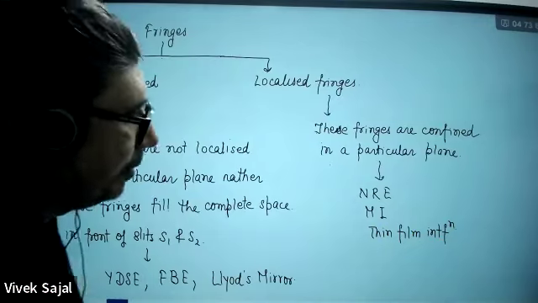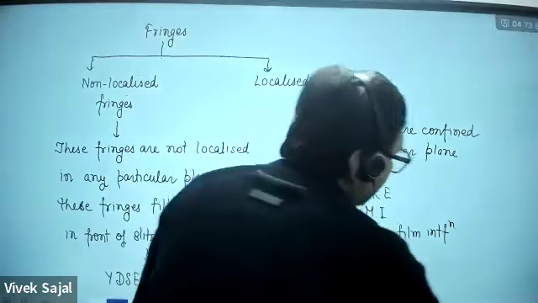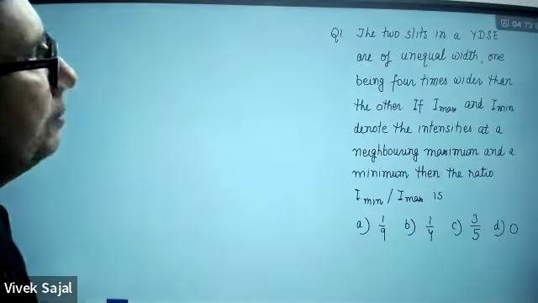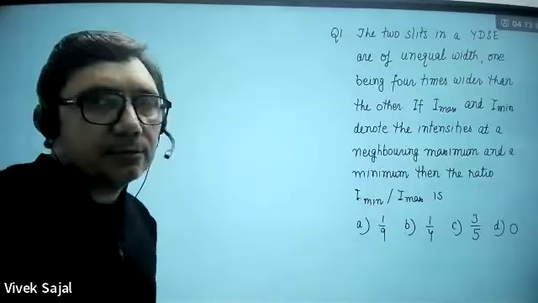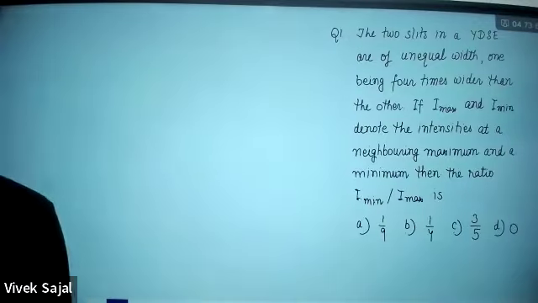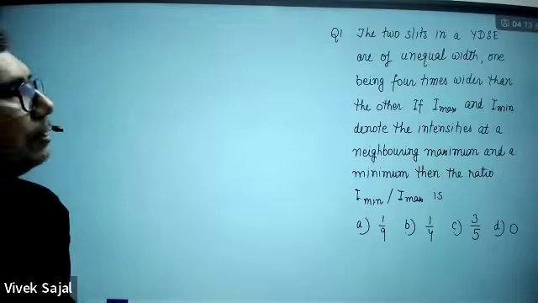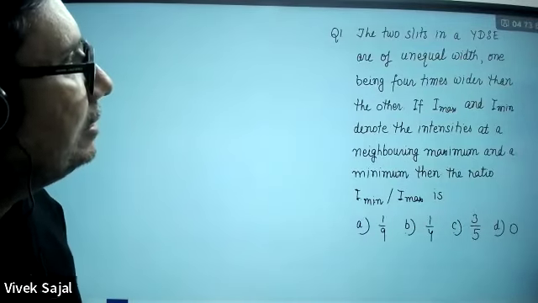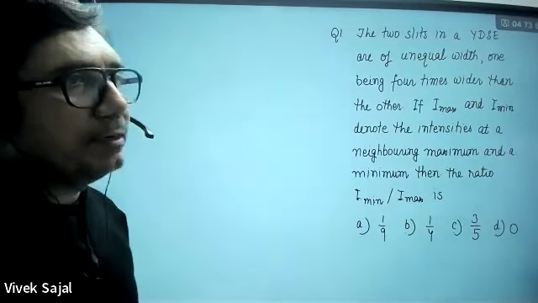Now let's discuss some questions based on whatever we have discussed so far. So the first question is, the two slits in a YDSE are of unequal width.